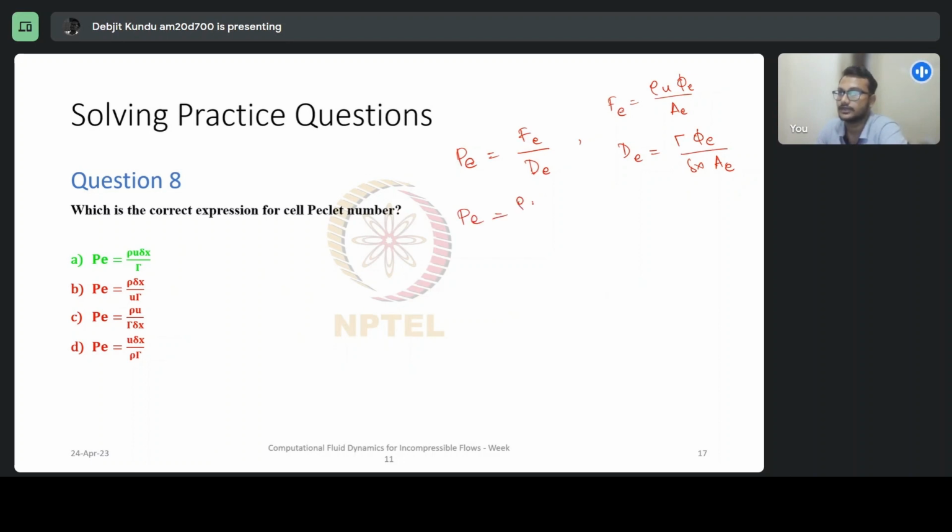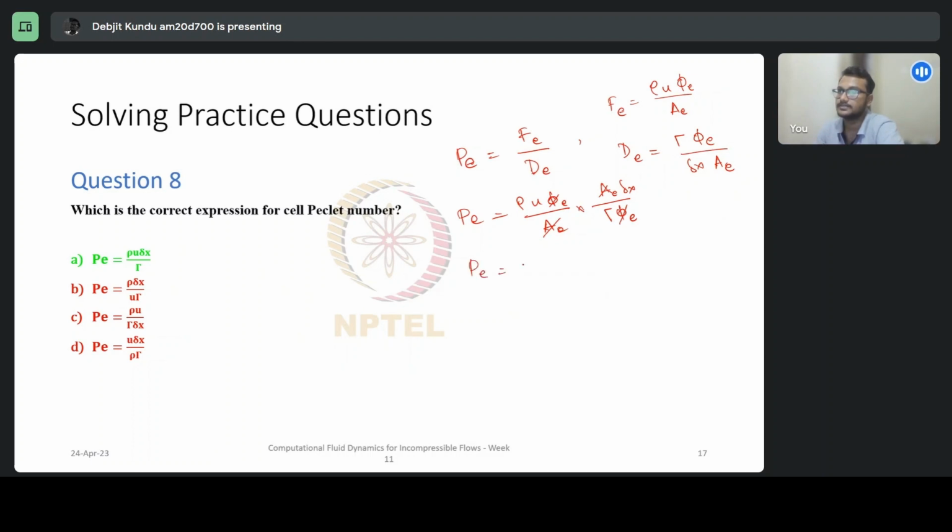Now, if I take a ratio of these two over here, I'll just simply plug in these two values over here. So I have this multiplied by gamma phi E into AE into delta X. AE gets cancelled, phi E gets cancelled.